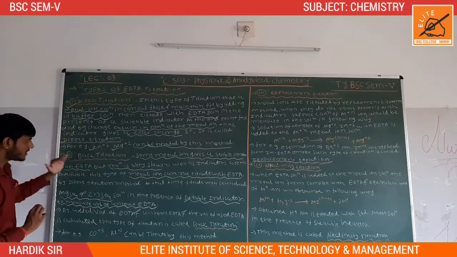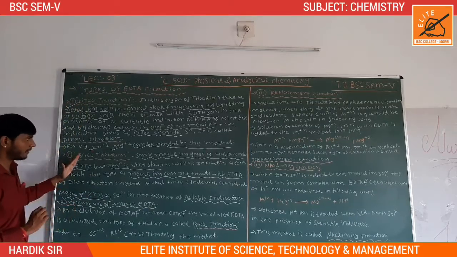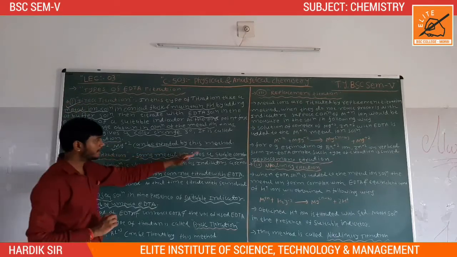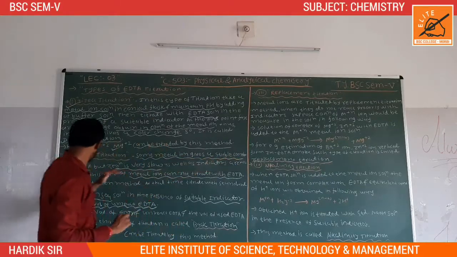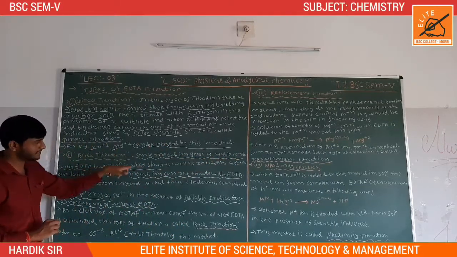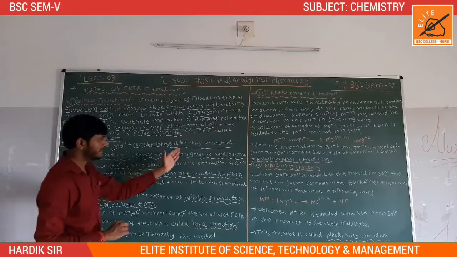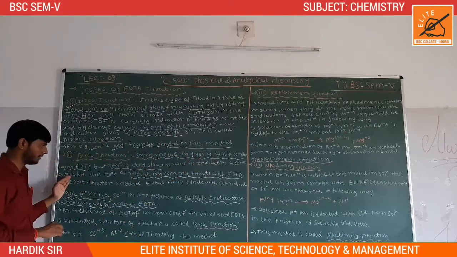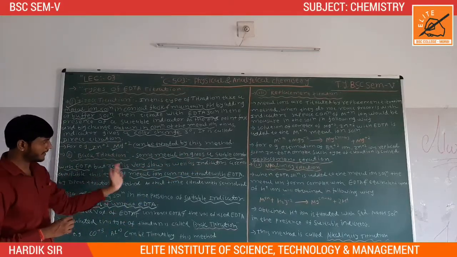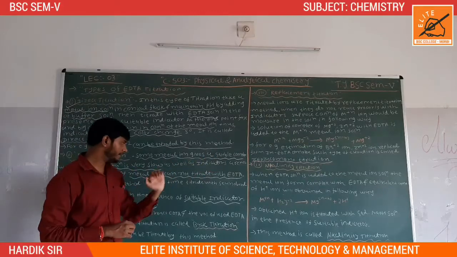So in the back titration method, some metal ions give stable complexes with EDTA, but the reaction is very slow and an indicator is not available, so they cannot be titrated with EDTA.